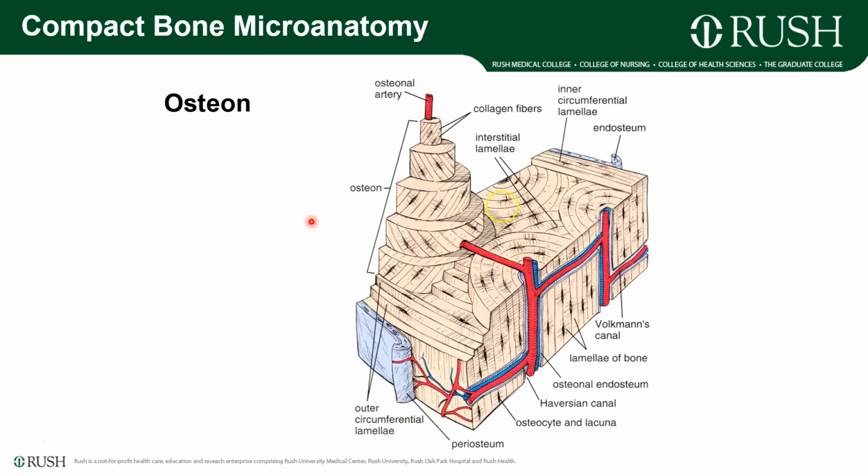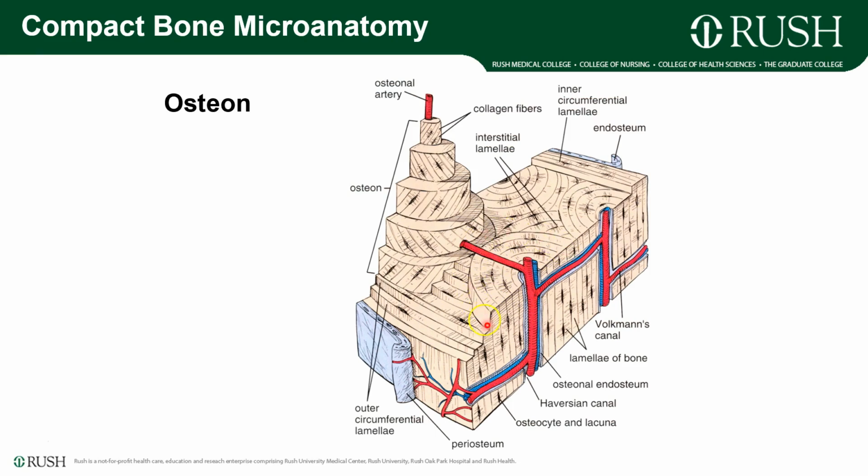So the individual units are referred to as osteon. As you can see here, you have these concentric circles going around, and then these what looks like little ants or spiders. They are basically the osteocytes with their processes projecting outwards, communicating with adjacent cells here.